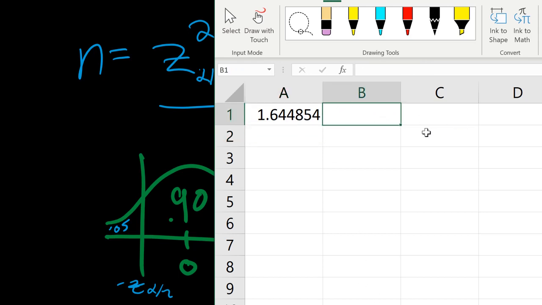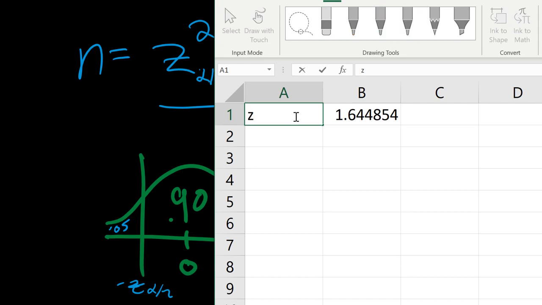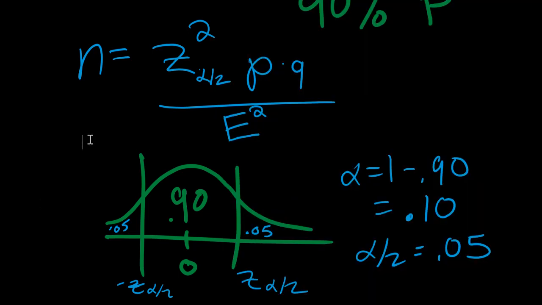That's Z, okay? I'm going to move that over here. Let me label this Z subscript alpha divided by 2. Okay, so there we go. Z alpha divided by 2 is 1.64. All right, so I'm going to go ahead and write that in. So this equals 1.64, okay? Z is squared.